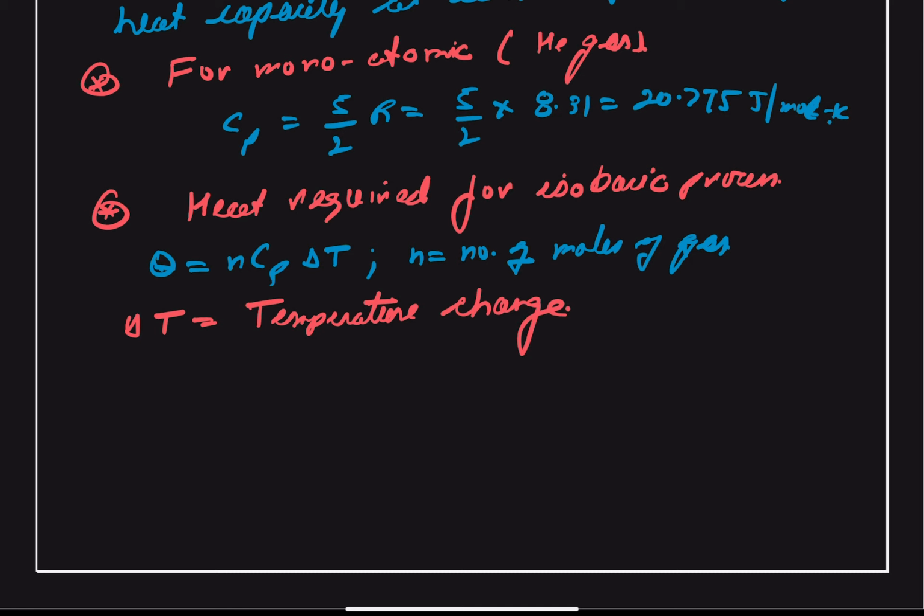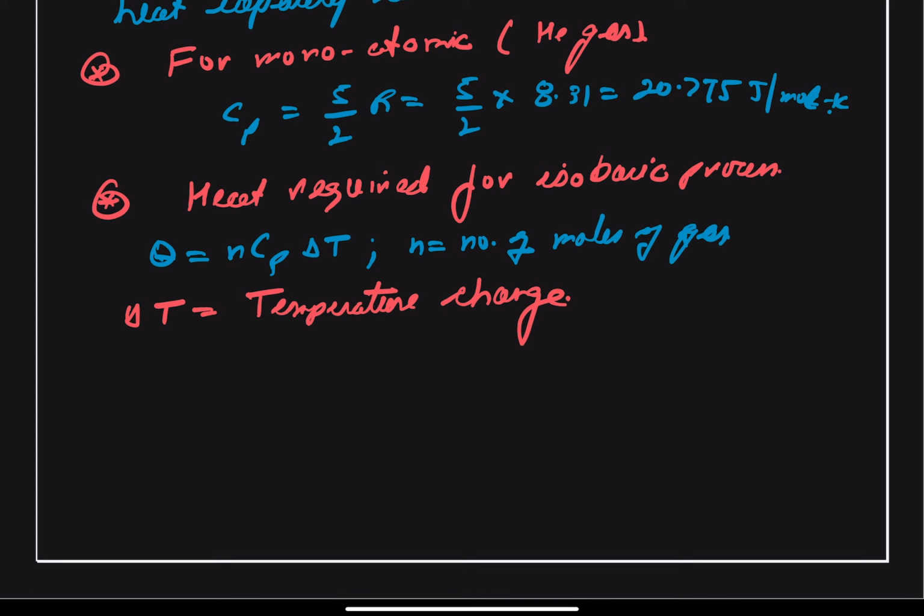So we substitute the values. We can write our Q is equal to, we are given 2 moles, Cp we just found out is 20.775, and delta T is 5 Kelvin, because it goes from 30 to 35.